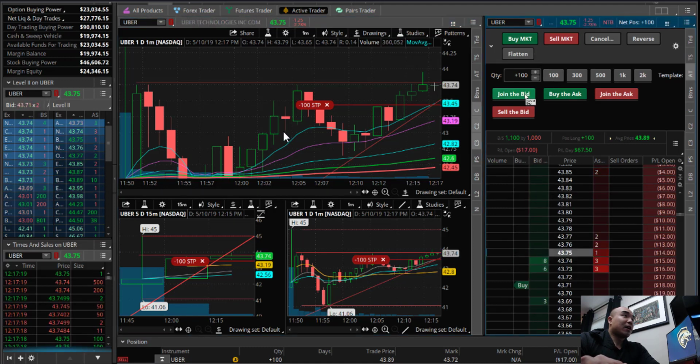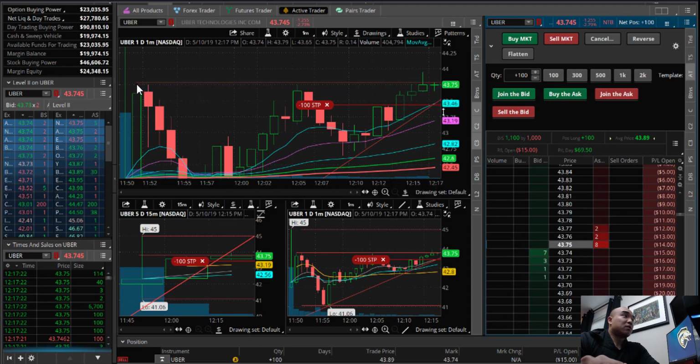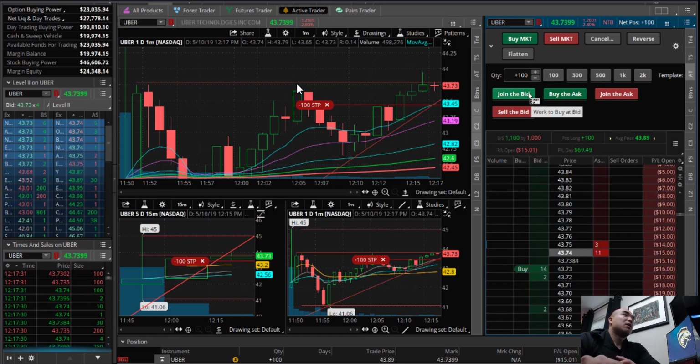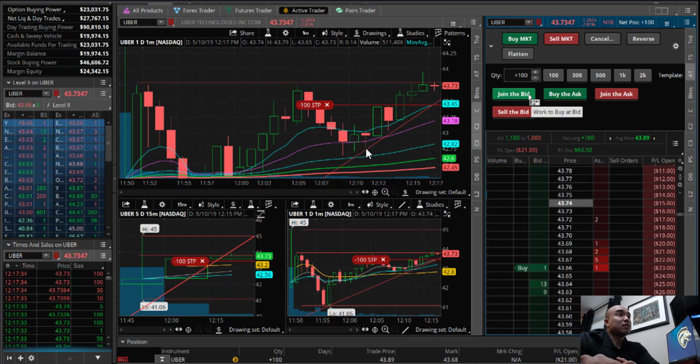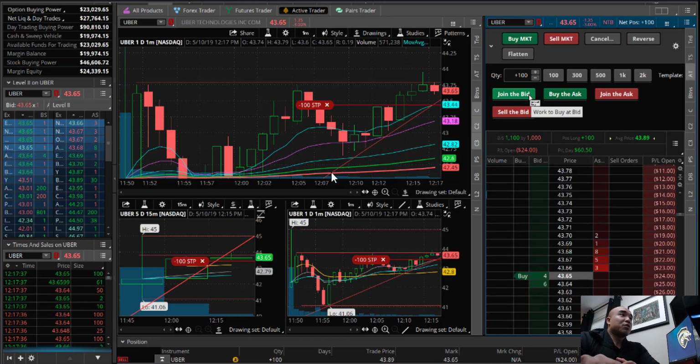Here we are coming back up to 43, tapping it once, twice, three times, and it gets rejected again. So that's an overall basis of where we can see resistance: at $43.